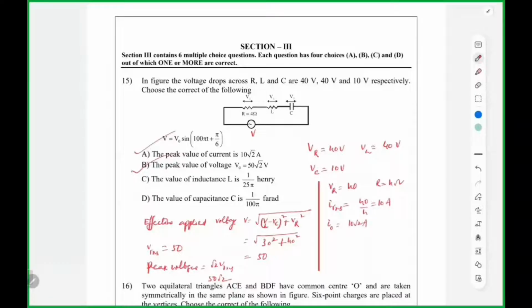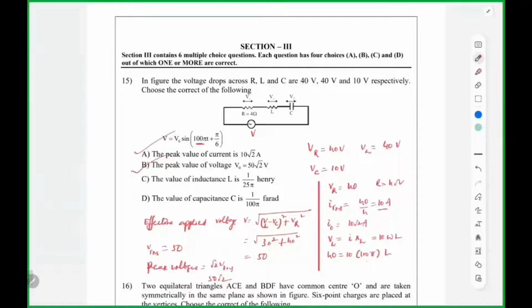Now the value of inductance: the potential drop across the inductor is I XL. The current is 10 amperes, XL is omega L, so the potential drop is 40 equal to 10 times omega L, where omega is 100 pi.